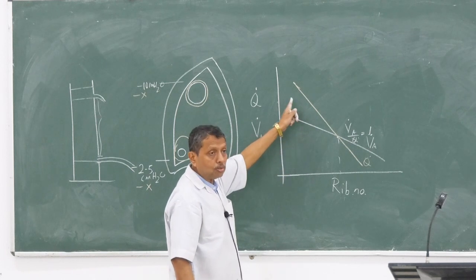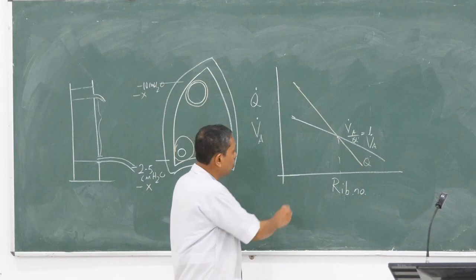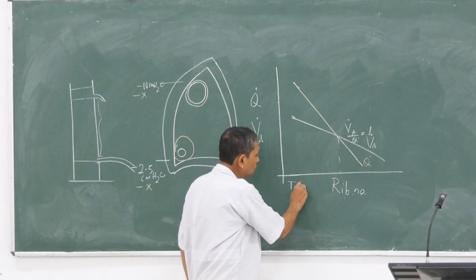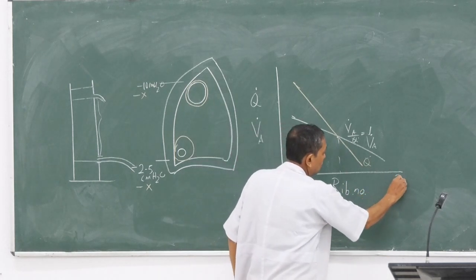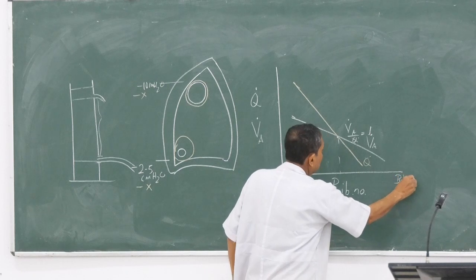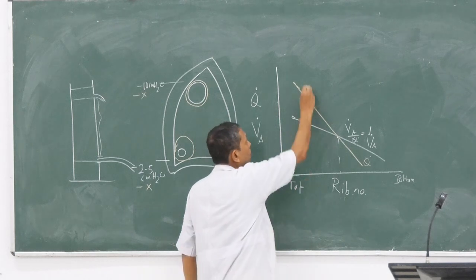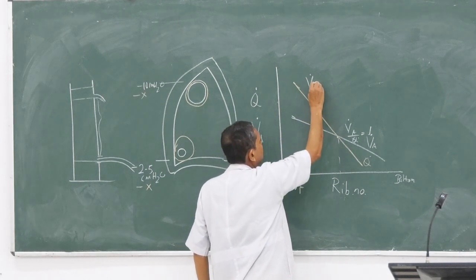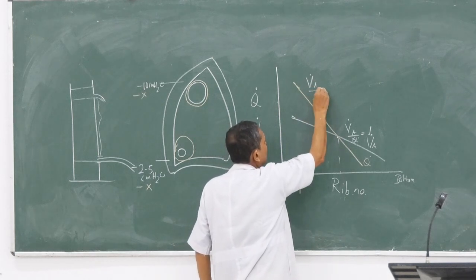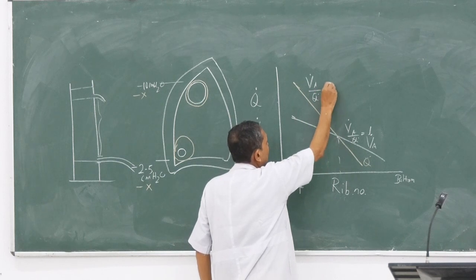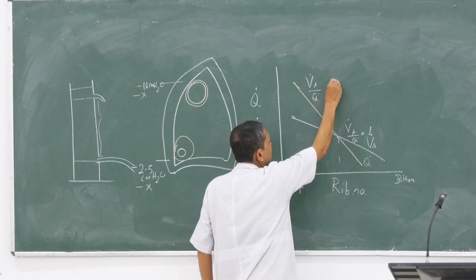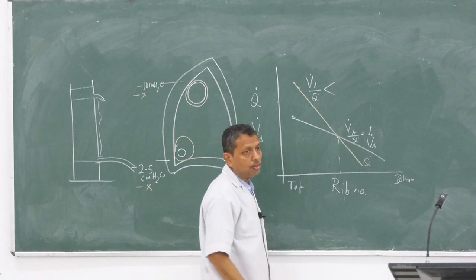Now when you go to the top of this, from top to bottom, here the perfusion was more than ventilation. So the ventilation by perfusion ratio is less than this value.